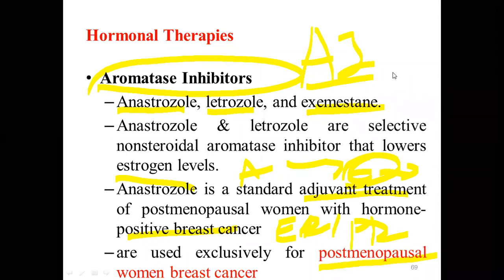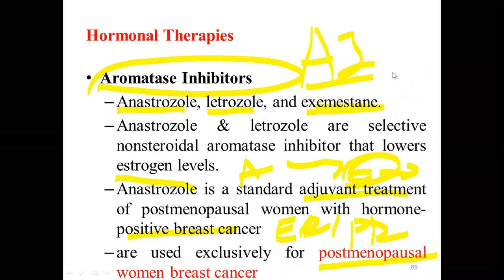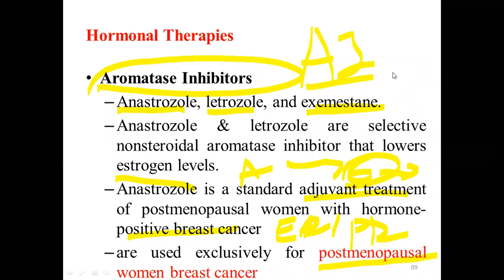Okay, remember after menopause, the ovary is no longer functioning. If the ovary is no longer functioning, it means there is no estrogen from it. Then if you use aromatase enzyme inhibitor in the premenopausal woman, the moment you block the conversion and the estrogen level is sensed to be low, now the ovary will produce more estrogen and even more of the aromatase enzyme, and it actually overcomes the inhibition of the conversion.